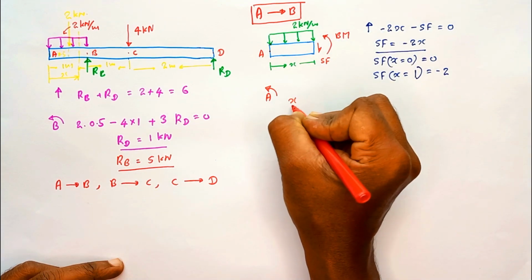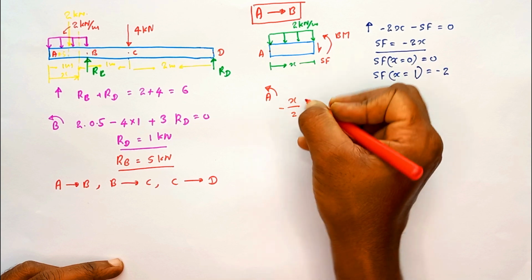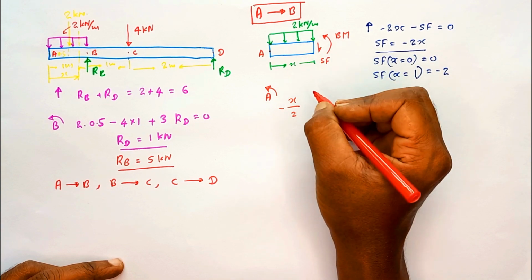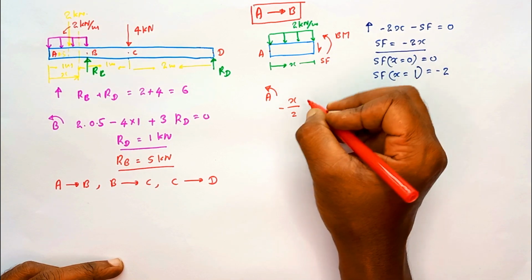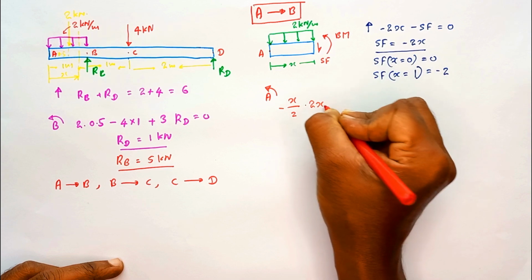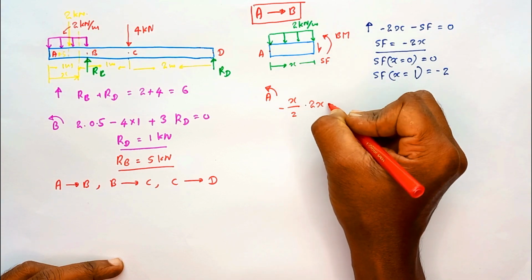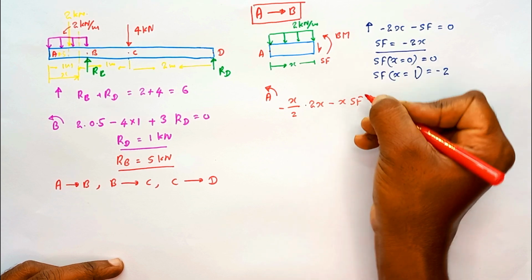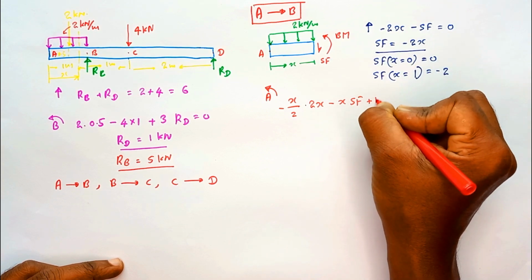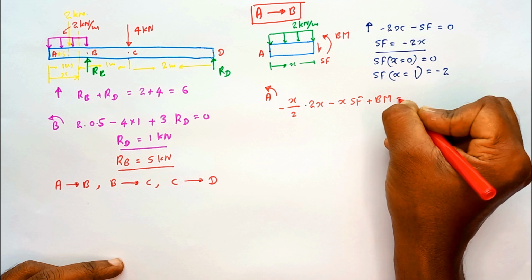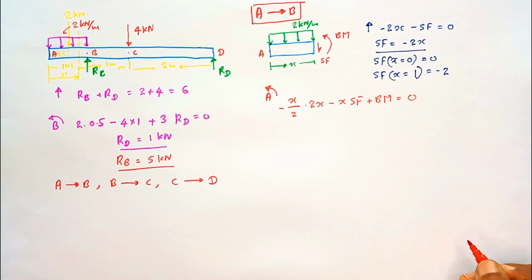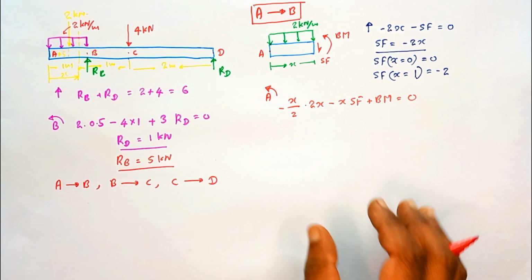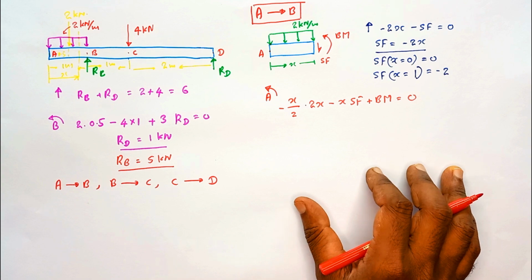So x divided by 2, minus the magnitude of the distributed load, 2x, into 2x, minus x into shear force plus bending moment is equal to 0.